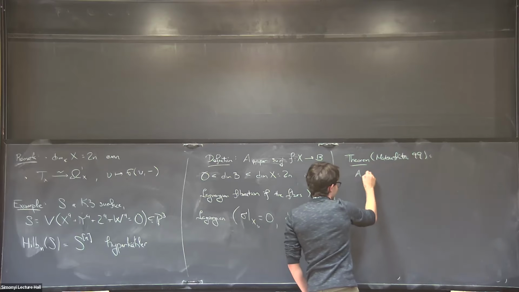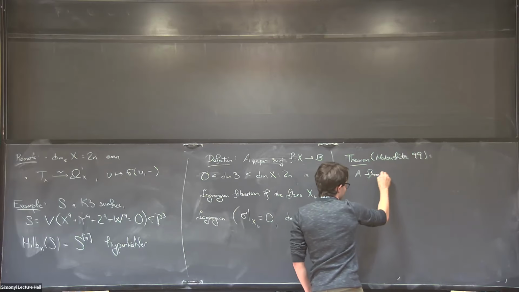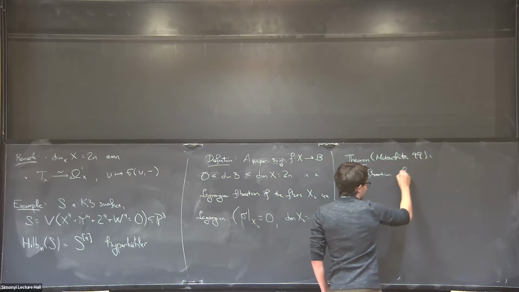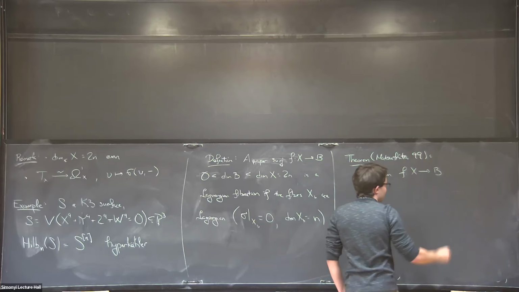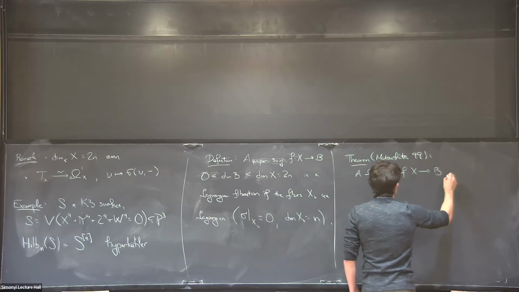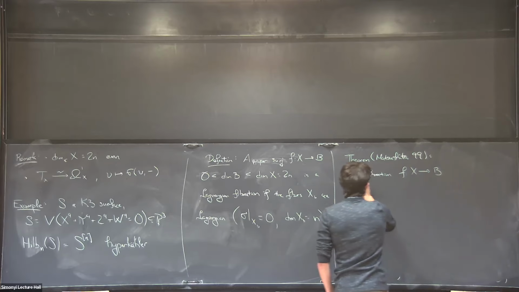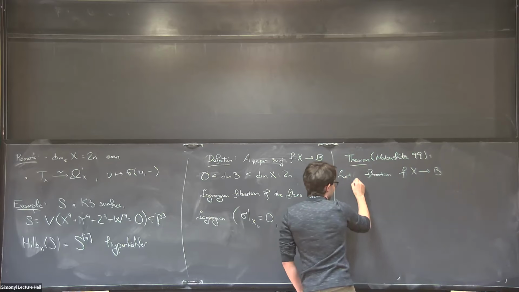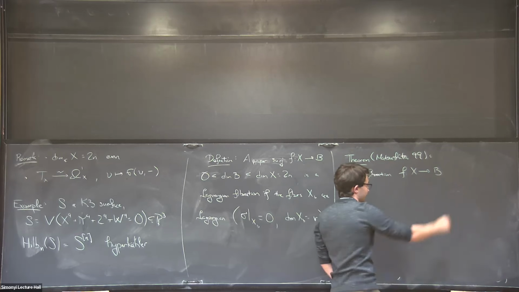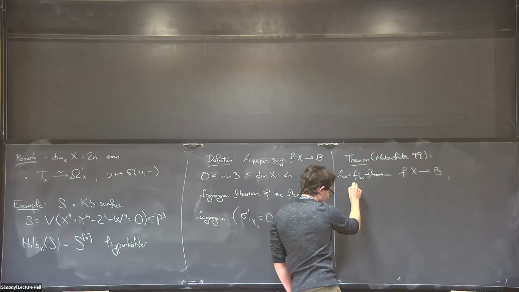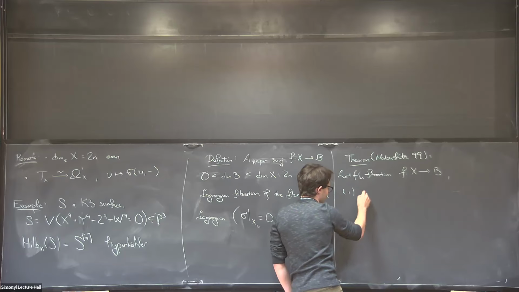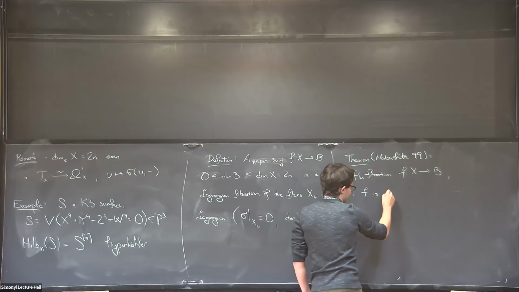So let F be a fibration like this. Then first of all, F is a Lagrangian fibration.